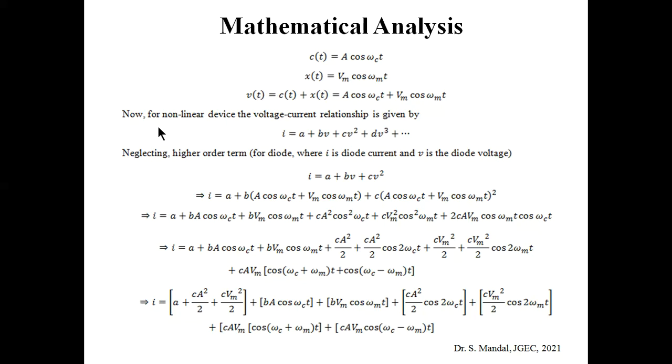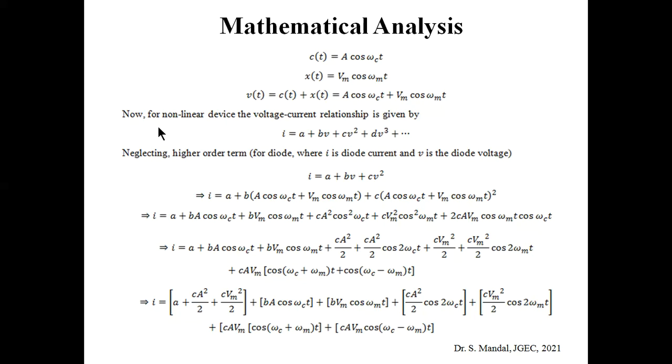So the relationship can be expressed in terms of an nth order polynomial like this: I equal to A plus BV plus C V square plus D V cube plus E V to the power 4, and it extends up to nth order or V to the power n. Okay, so any nonlinear equation can be expressed like this, where A, B, C, D are the polynomial coefficients. Based on the values of A, B, C, D, any type of nonlinear equation can be fitted with it. Okay, so we can try it using MATLAB also.